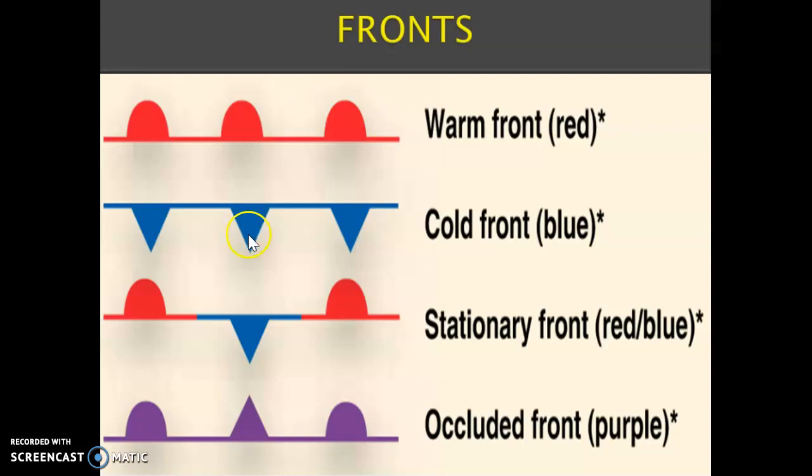This cold front is moving southwards. This stationary front, the word stationary means that they remain in the same position, so they will linger in the same spot. And also we have occluded fronts. Both the cold and the warm fronts fuse together and move in a specific unidirectional path.